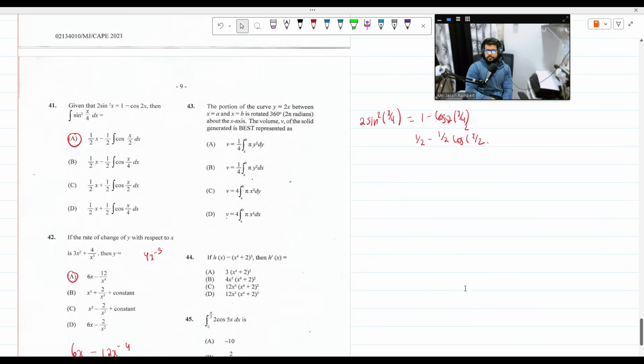The portion of the curve y is equal to 2x between x is a and x is b is rotated 2 pi radians about the x-axis. So we're looking at the integral of pi y squared dx. If y is 2x, y squared is going to be 4x squared, the integral dx, between x is a and x is b, so I'm going to assume b is bigger than a. Which one of the answers will give me this?